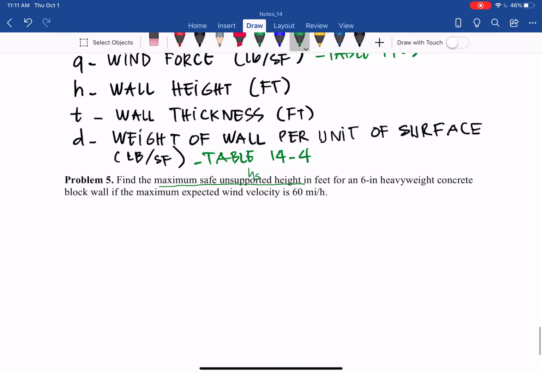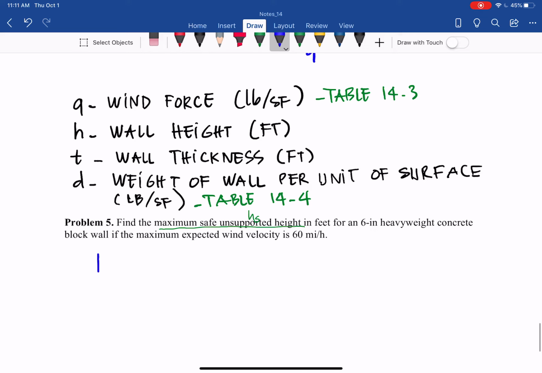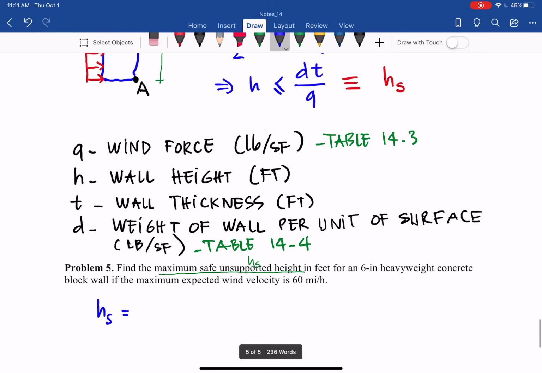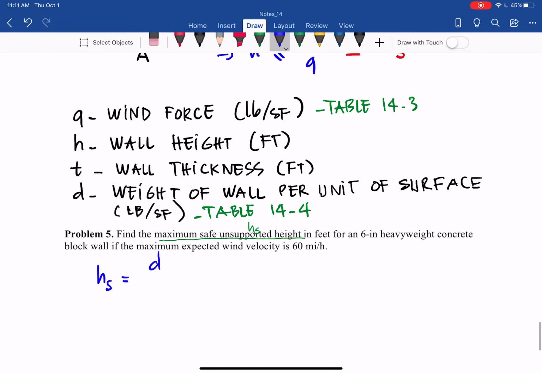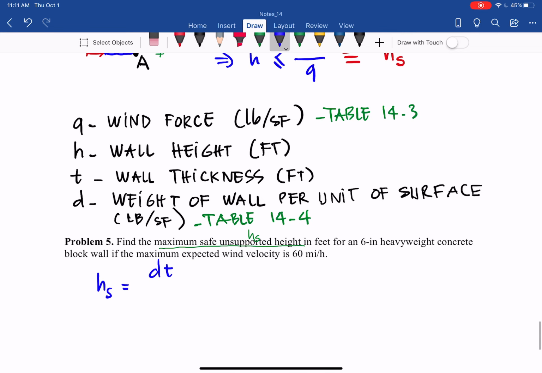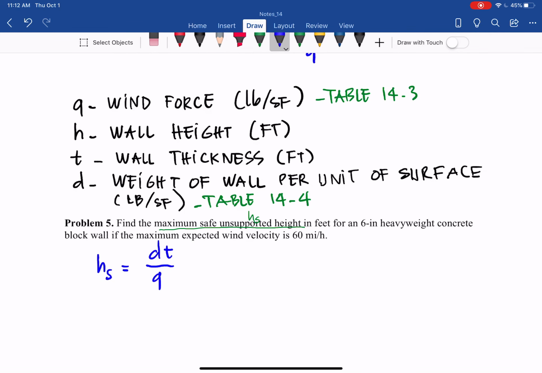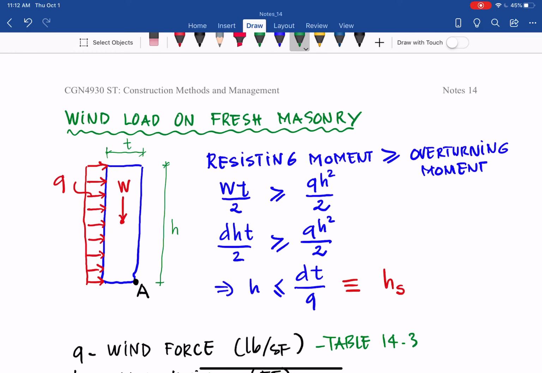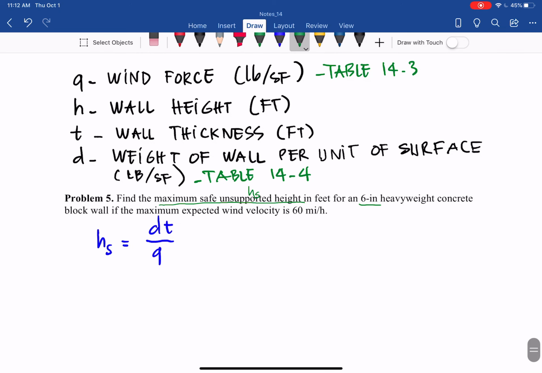From that, we can apply the equation immediately. h s, the maximum safe unsupported height for the fresh masonry, is equal to d t over q. Now we need to find d and q. t is given here, 6 inches.